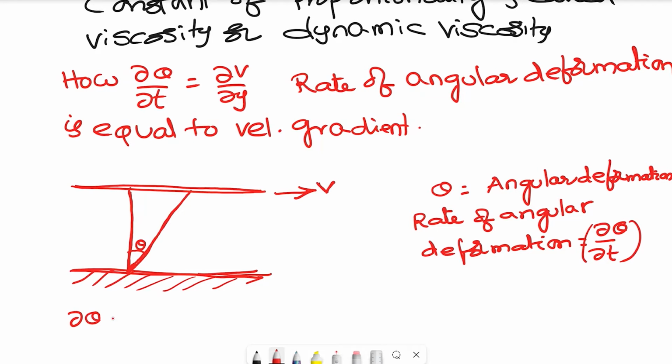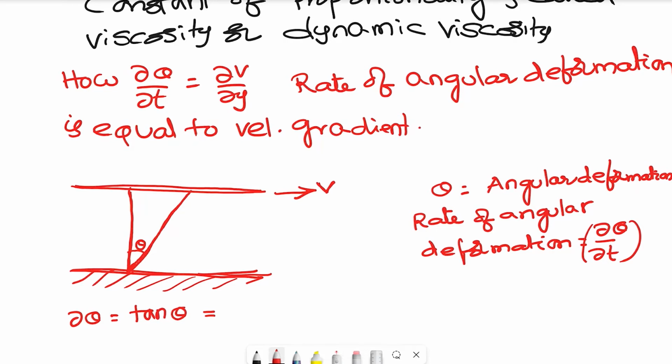What is ∂θ? Because the distance between the two plates is very small, ∂θ can also be written as θ, and θ can be written as tan θ. So if I write ∂θ is equal to tan θ, then it is opposite side by the adjacent side.